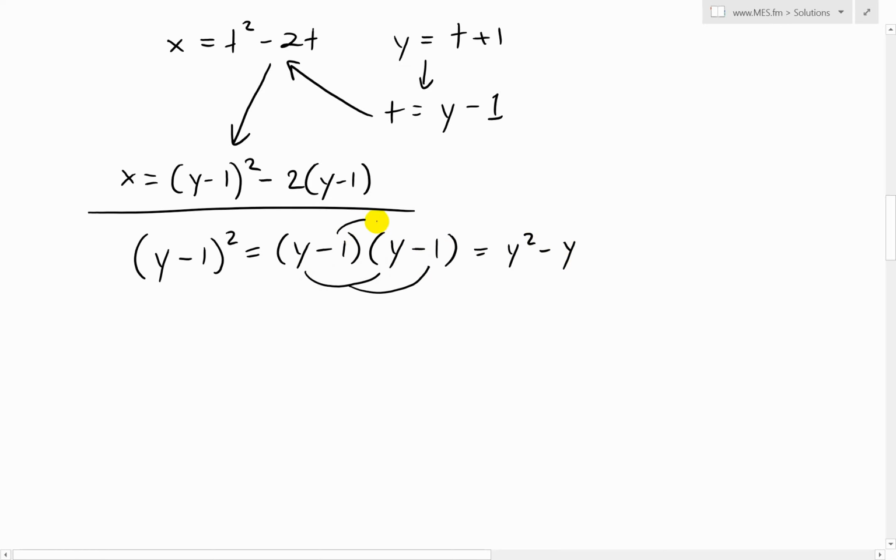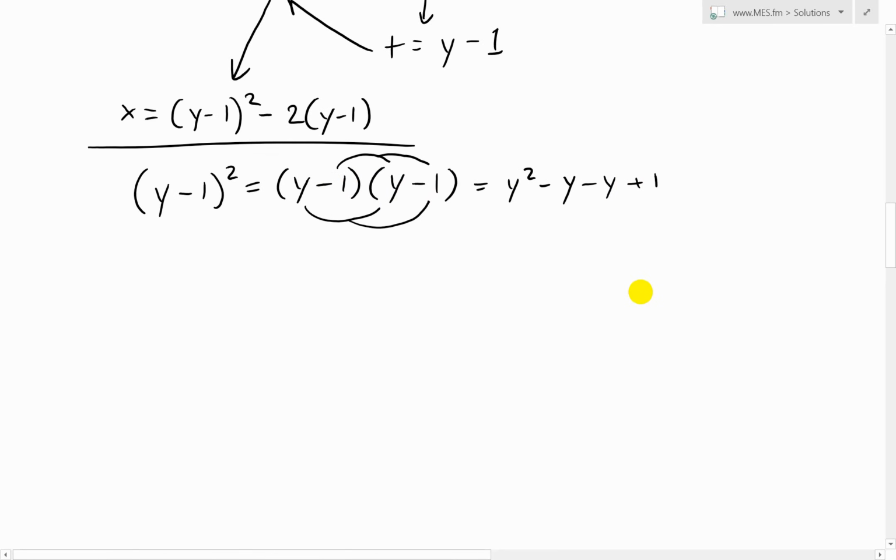And then the same thing over here, we get a negative y there, negative 1 times y. Negative 1 times negative 1 is just plus 1. So this part equals y squared minus 2y plus 1.